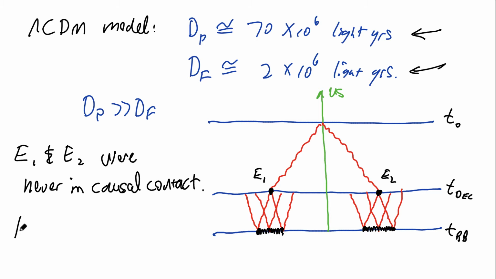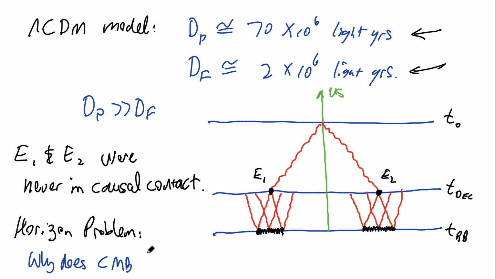So this is the horizon problem. The problem is to explain why the cosmic microwave background looks the same in all directions. So it's not only the same temperature, but also the small fluctuations in temperature have the same spectrum.